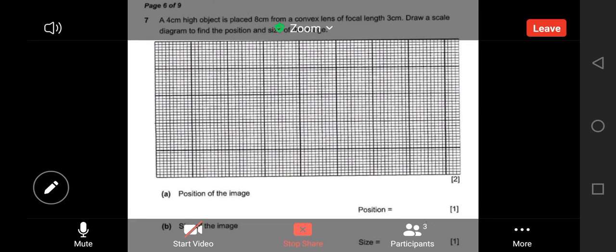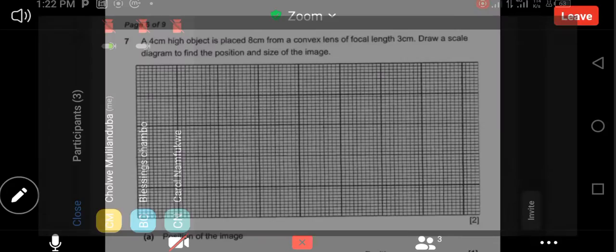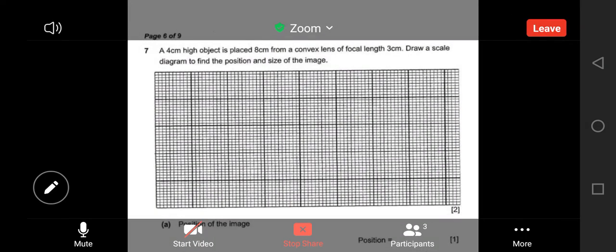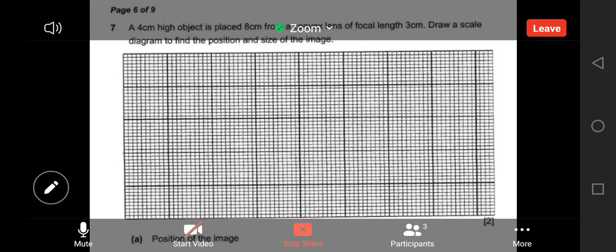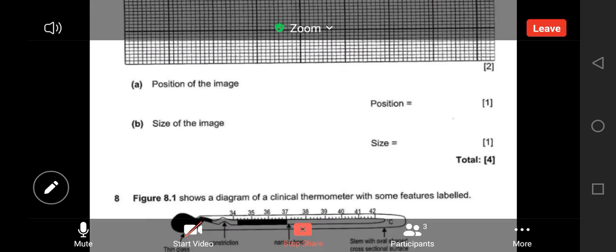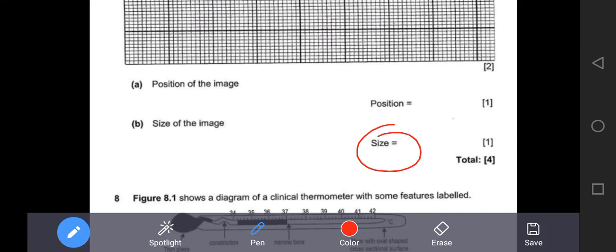So now from here, earlier we did this part, not so. Earlier we did this part, right? When you check on this question here, they want the size, okay?